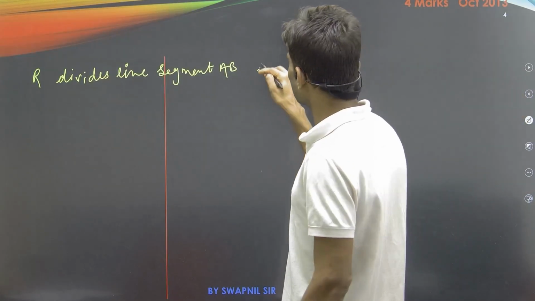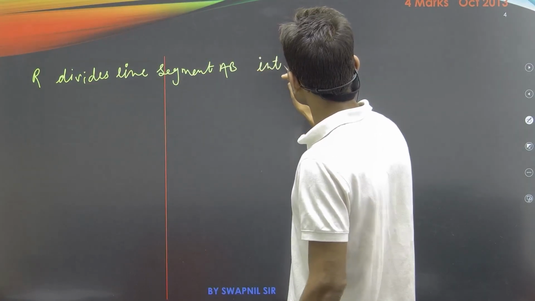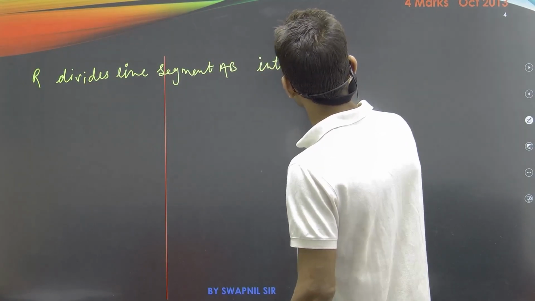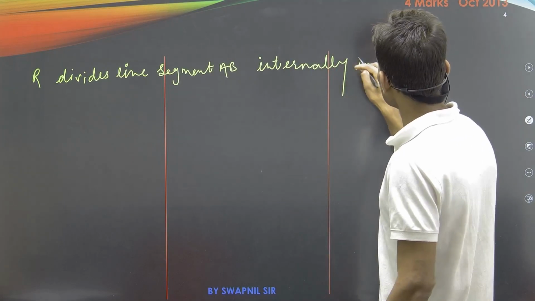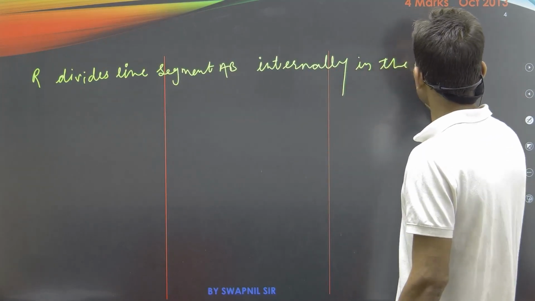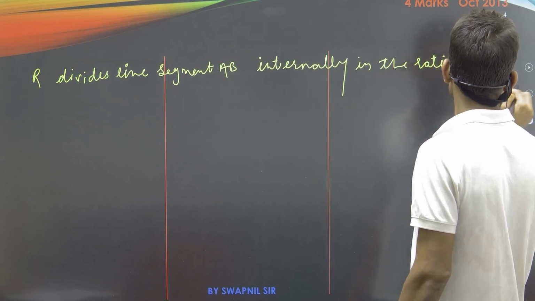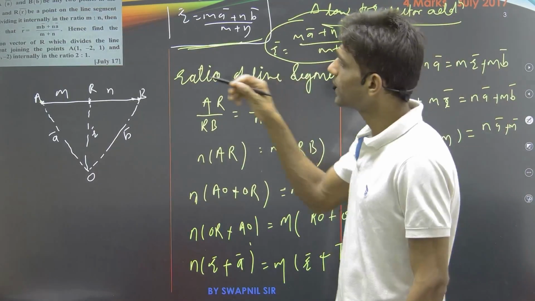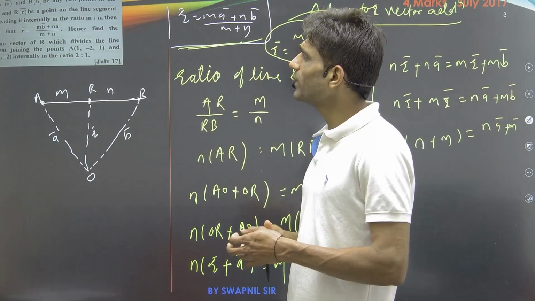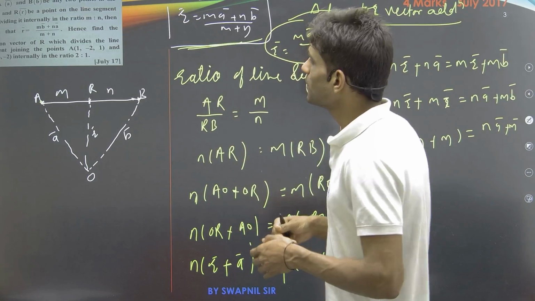So r divides the line segment AB internally in the ratio 2:1, and the vertices we have been given are A (1, minus 2, 1) and B (1, 4, minus 2).